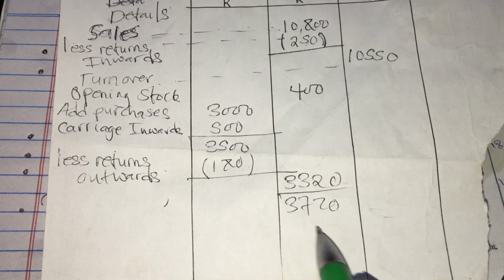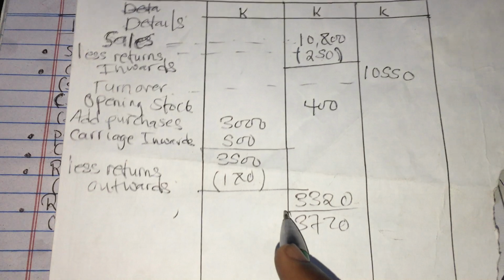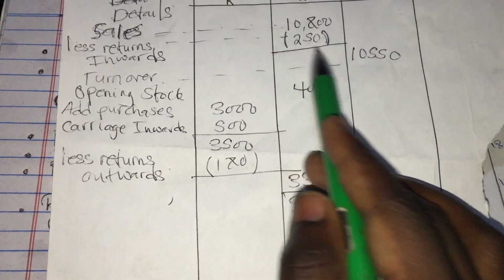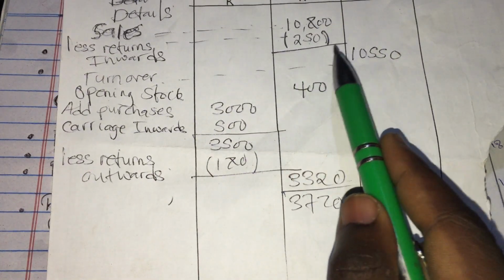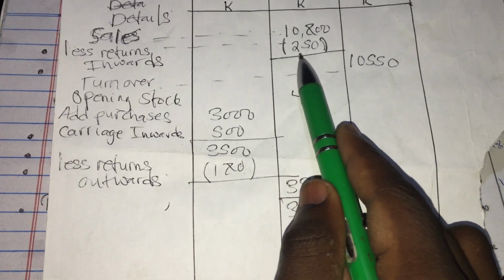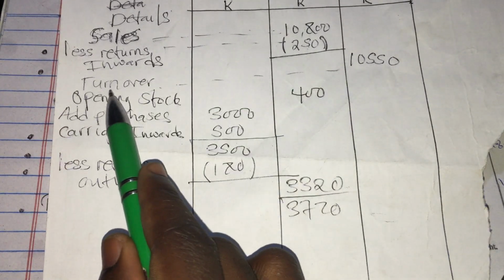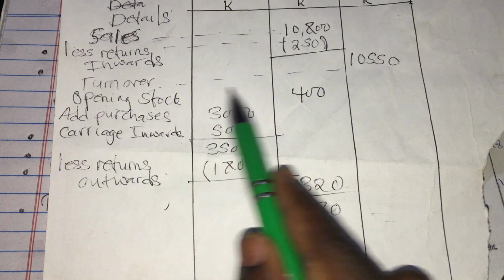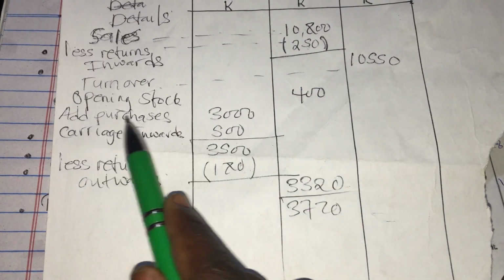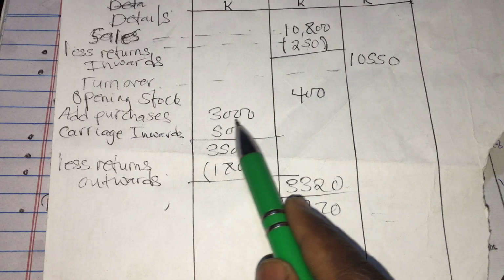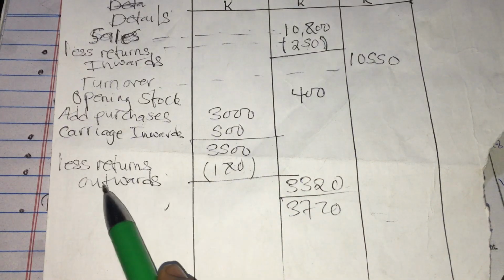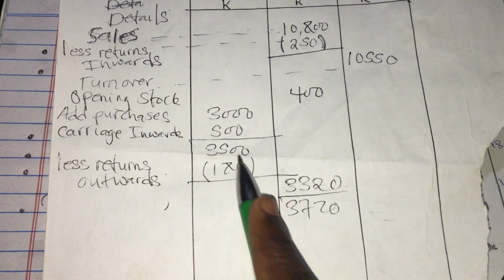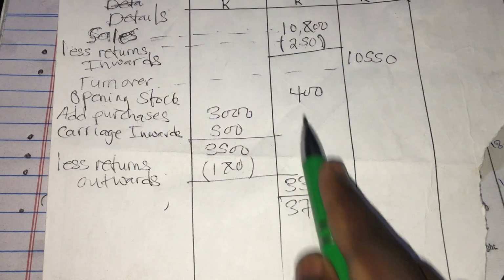I hope you have followed the process very well. We started from here, we subtracted, then this amount is called the turnover, then the opening stock we place here, then add purchases, carriage inwards, less returns outwards, then upon subtracting here, this is the amount, then we add.